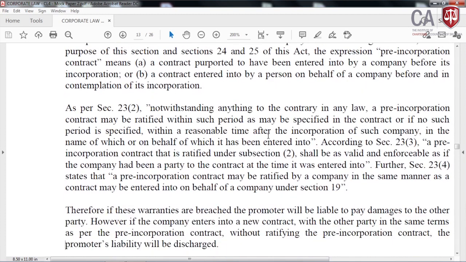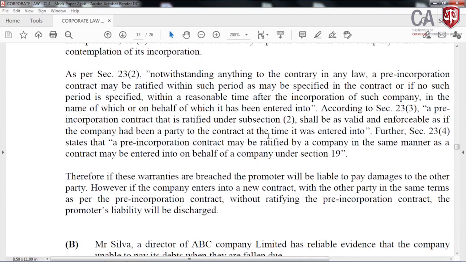Now, as per section 23(2), notwithstanding anything to the contrary in any law, a pre-incorporation contract may be ratified within such period as may be specified in the contract, or if no such period is specified, within a reasonable time after the incorporation of such company, in the name of which or on behalf of which it has been entered into by the promoter.